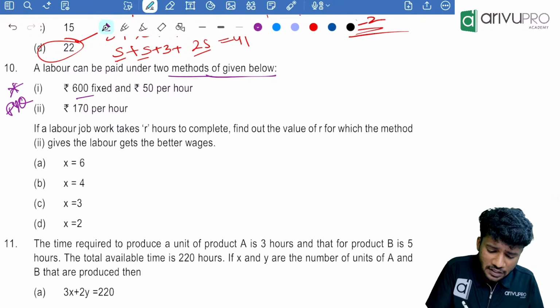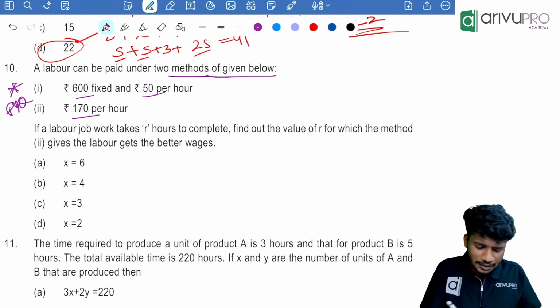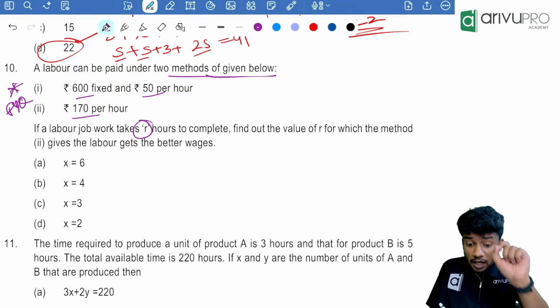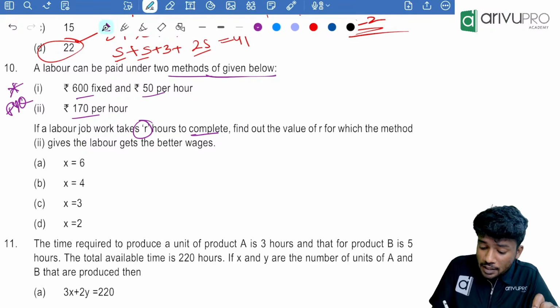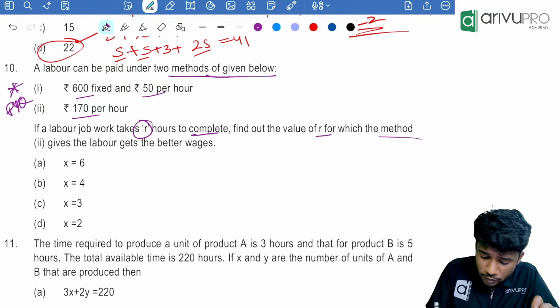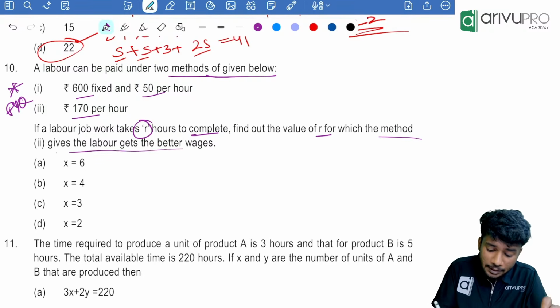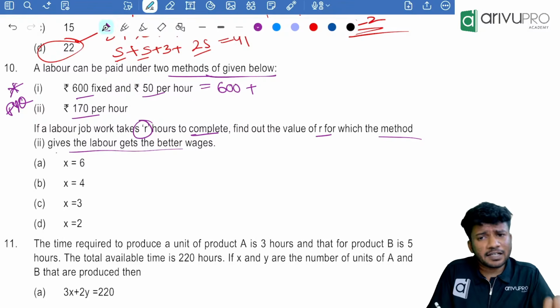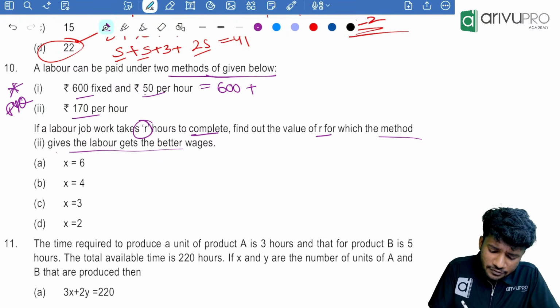Now, a laborer can be paid under two methods as given below. 600 fixed and 50 per hour, and 170 per hour. If the laborer's work takes R hours to complete, find the value of R for which the second method gives the laborer better wages. I will write it: here 600 is a fixed amount, so I will write 600 plus 50 per hour.